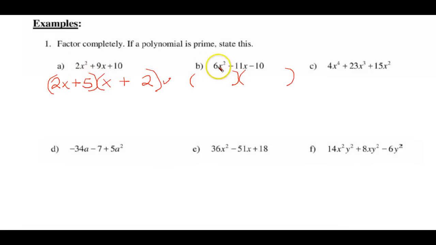Here we can have possibly 2 sets. We can have a 3x and a 2x, or we could have a 6x and an x. So there are 2 possibilities with it being a 6.